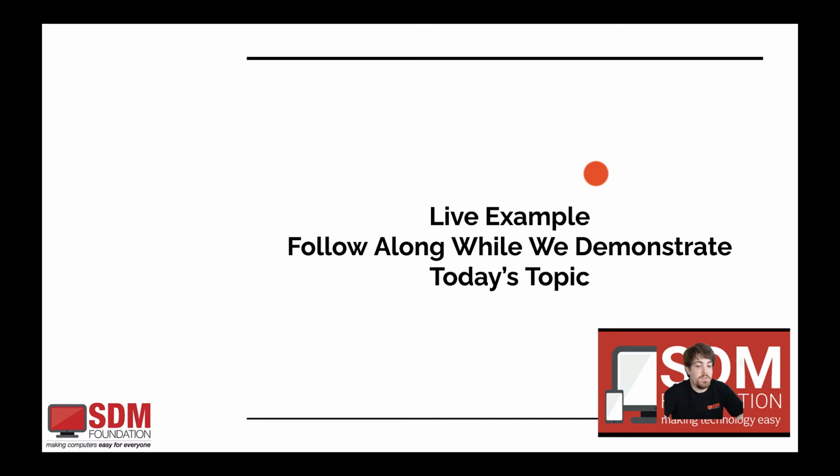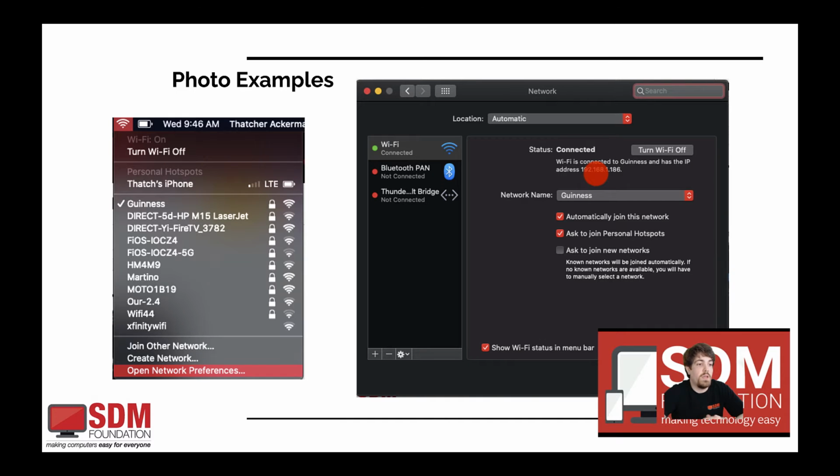Okay, and moving on to the next slide, we have photo examples of how to access Wi-Fi and network settings. So our first photo here on the left is demonstrating the drop-down menu that you'll see when you click on the Wi-Fi icon in the top right of your screen on the top Apple menu bar.